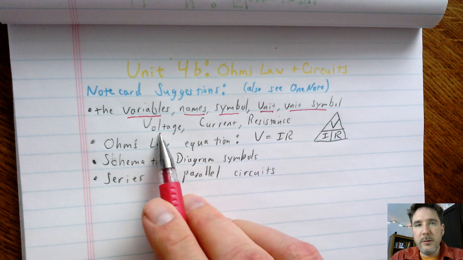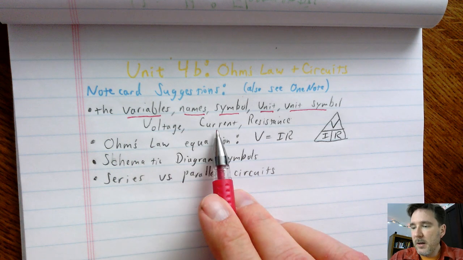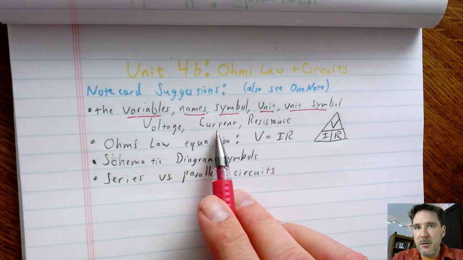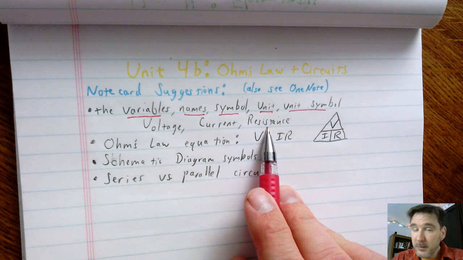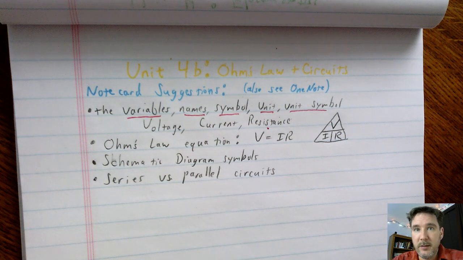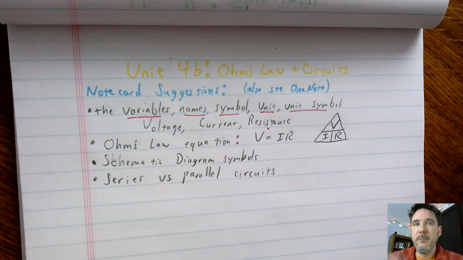So V for voltage, volts; current is I, and the unit is amps, which is capital A; and then resistance R in ohms, which is that Greek letter omega.